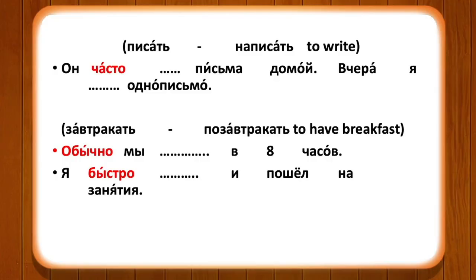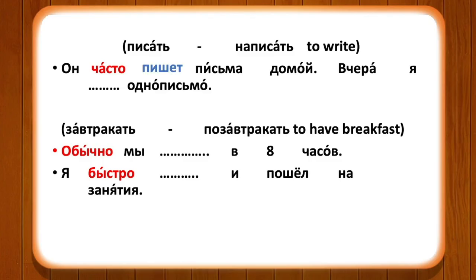In the next sentence, you have to use the verb писать, написать. Писать, написать means to write. Писать is the verb of imperfective aspect and написать is the perfective aspect verb. The sentence is он часто dash письма домой.